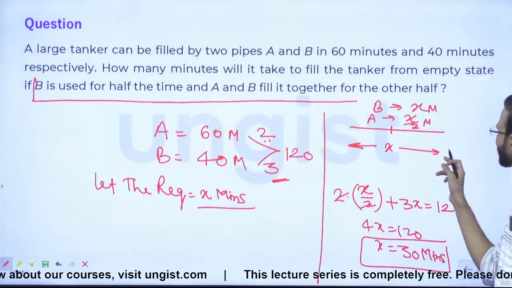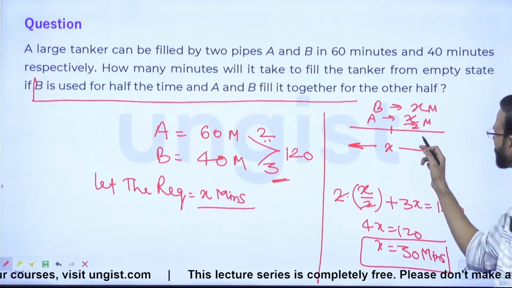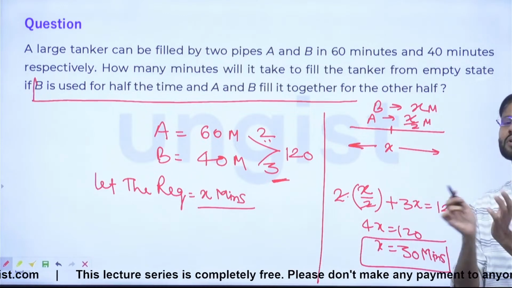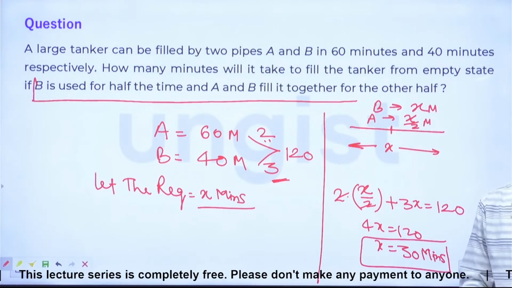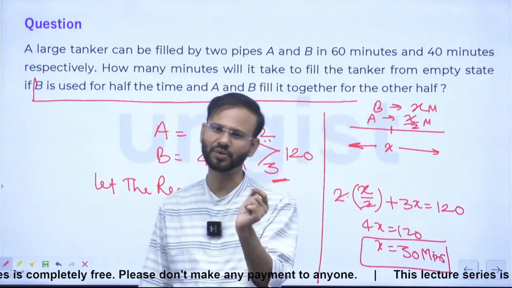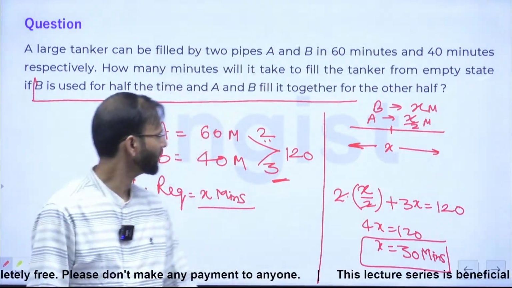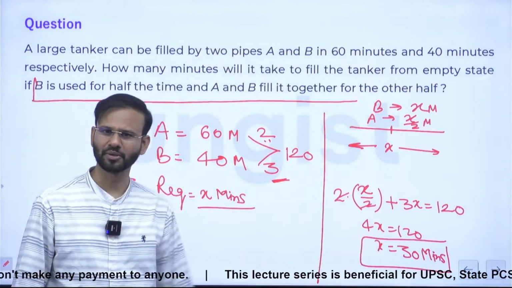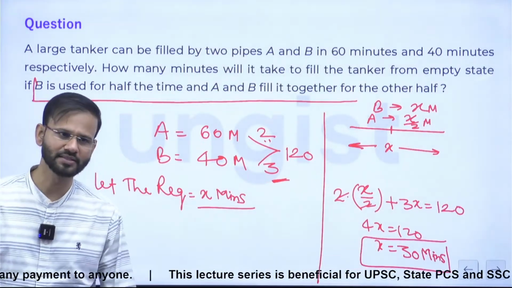So if the total time we have assumed is x, then for x minutes only B is working, and for x by 2 minutes A is working, right? So this is the data and these are the capacities. So obviously this is the multiplication. Clear guys? Okay.